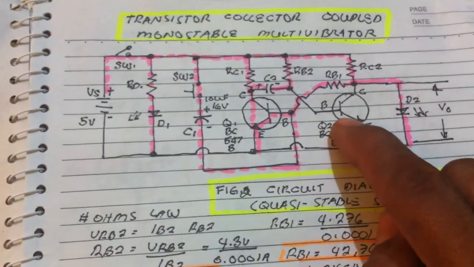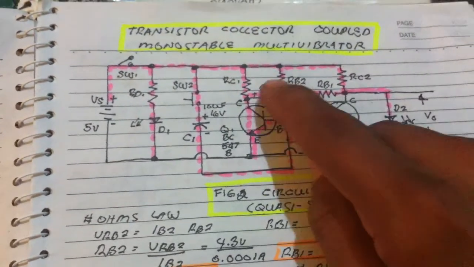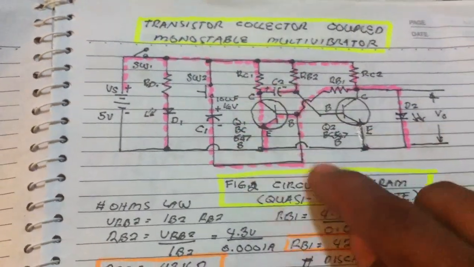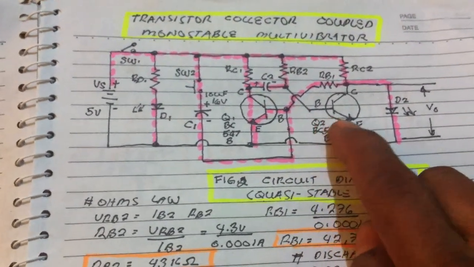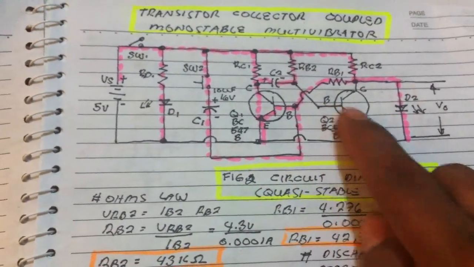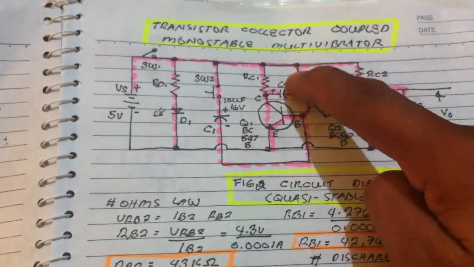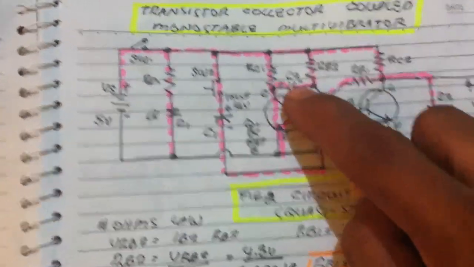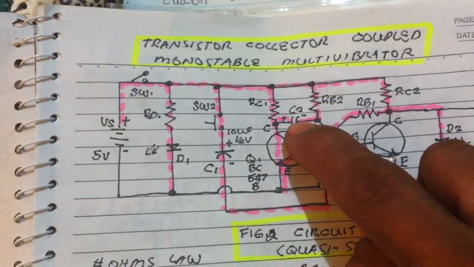Why is the current not flowing here? Because this is the moment that the capacitor is discharging, making a negative potential at the base, which makes this a reverse bias. The discharging speed of the capacitor is determined by RB2 and RC.